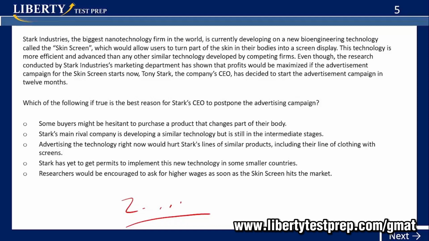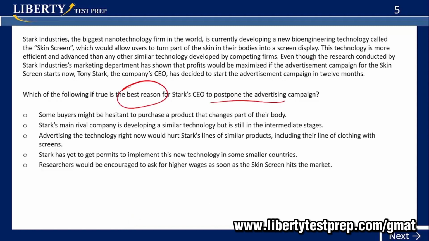This technology is more efficient and advanced than any other similar technology developed by competing firms. Even though the research conducted by Stark Industries' marketing department has shown that profits will be maximized if the advertisement campaign for the skin screen starts now, Tony Stark, the company's CEO, has decided to start the advertisement campaign in 12 months.